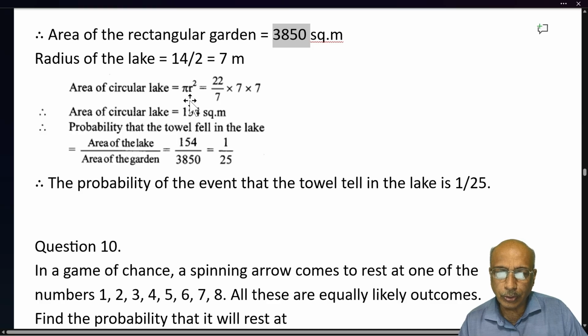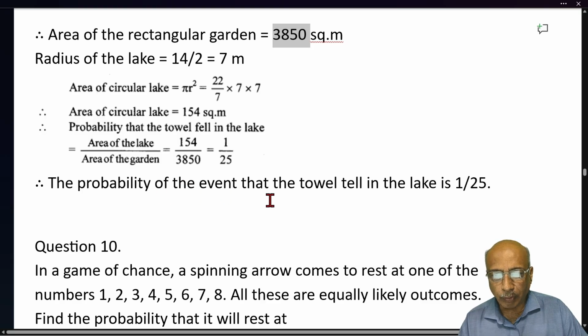Area of circle, you know, pi r square. 22 upon 7 into 7 into 7. So area of circular lake equals 154 square meter. Probability that the towel fell in the lake will be area of the lake divided by area of the garden rectangle. That is 154 upon 3850. If you simplify it, you will get 1 upon 25.